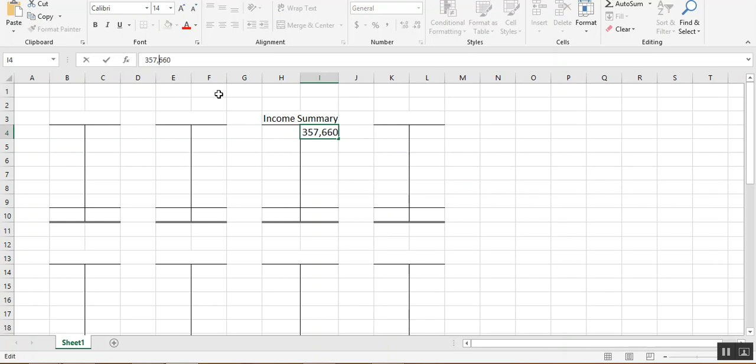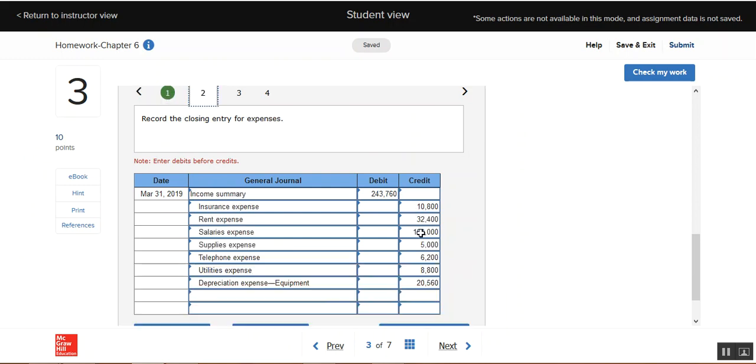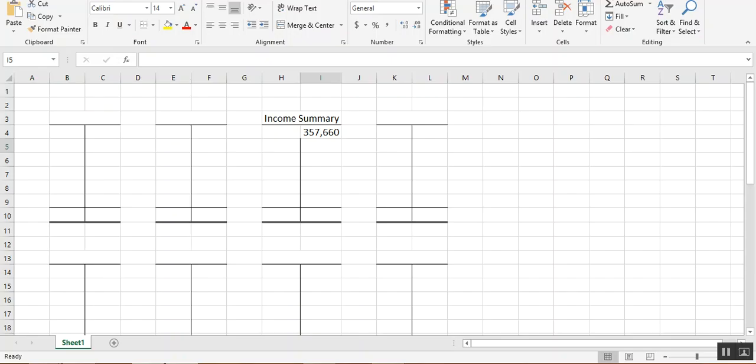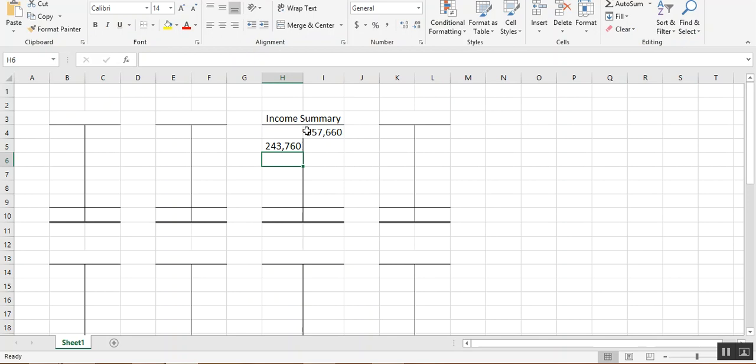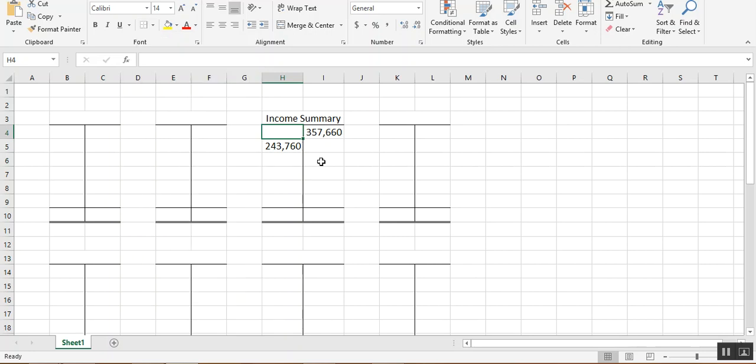So the next thing that happened was I closed out my expenses, and that was step number 2, $243,760. So there's my expenses. So at this point, that's what I have in my T account, and I erased my little line there. Okay. So let's see what kind of balance we have.